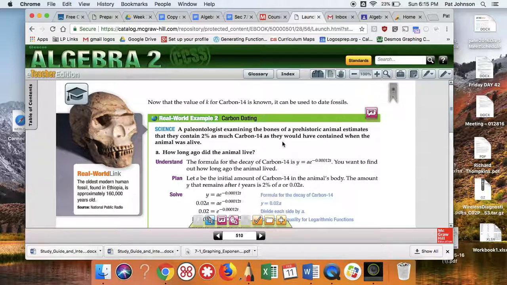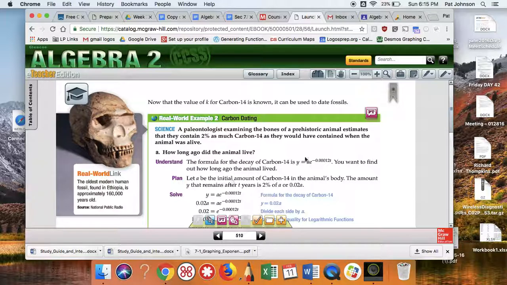A paleontologist examining the bones of a prehistoric animal estimates that they contain 2% as much carbon-14 as they would have when the animal was alive. So these bones now have 2% as much as when it was alive. How long ago did the animal live?